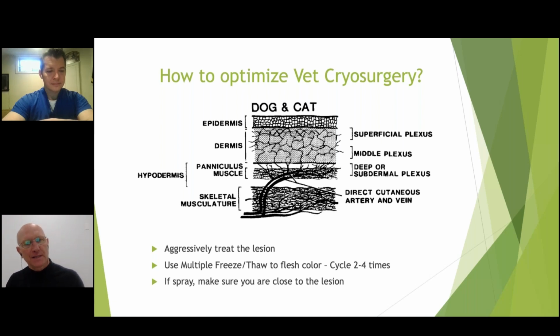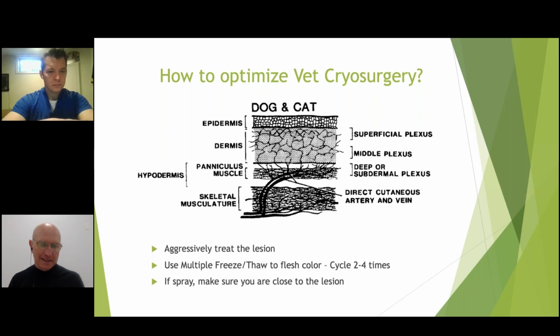Based on the physiology of canine and feline skin in particular, they can take it. You can be far more aggressive than you can with, say, human skin for the same applications, because they will not blister. You do not create an open wound, and quite frankly, it is the best way to get a good outcome.